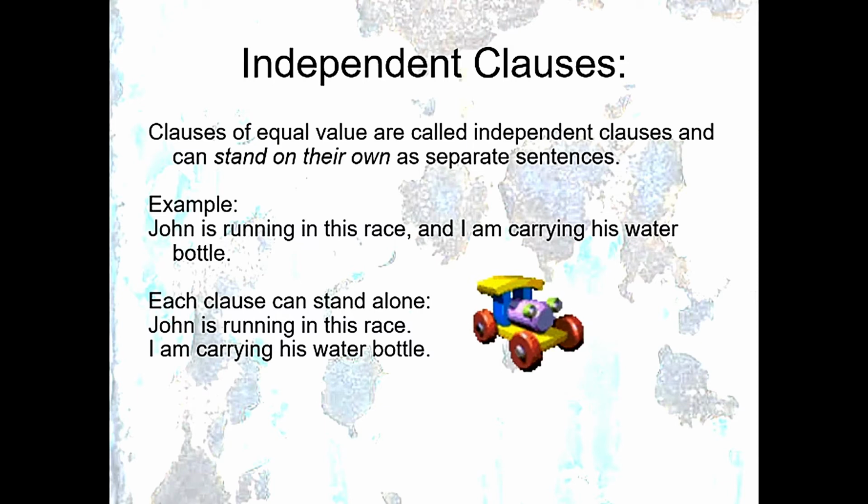Please be informed that if you will be using a coordinating conjunction to connect two independent clauses, there should be a comma after your first clause. Like, John is running in this race, comma, and I am carrying his water bottle. Is it clear? Let's continue.